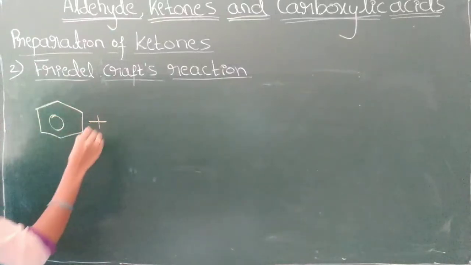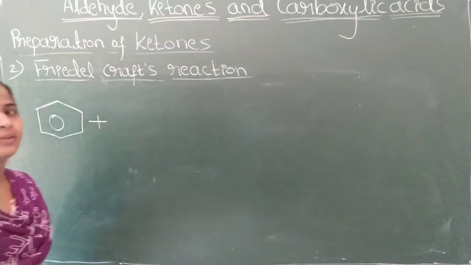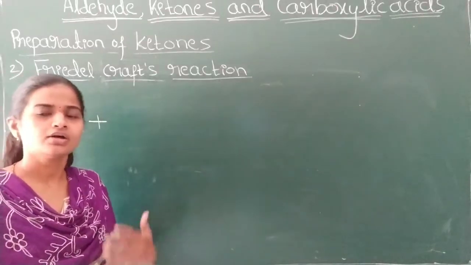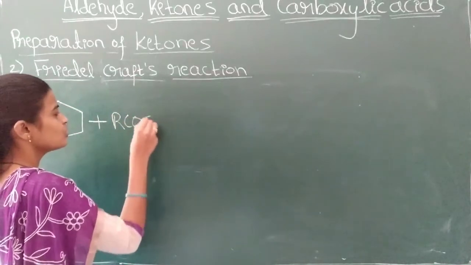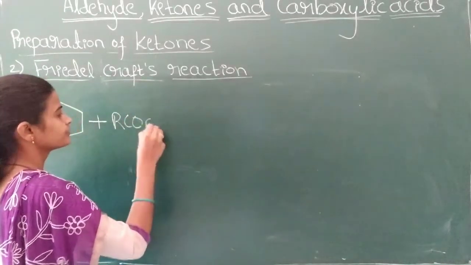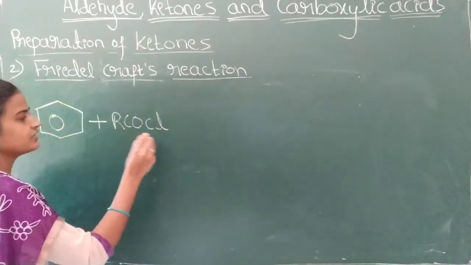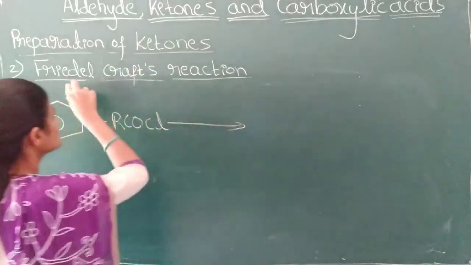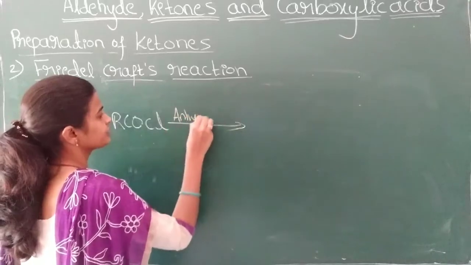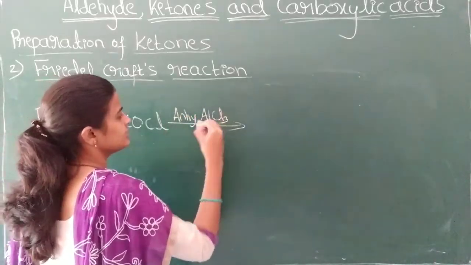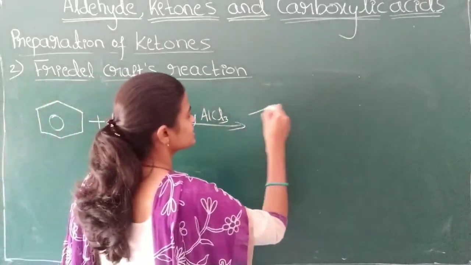When benzene is treated with the acyl chloride, also called acid chloride, RCOCl, what is to be used? The Friedel-Crafts catalyst, that is anhydrous AlCl3. What will get substituted?